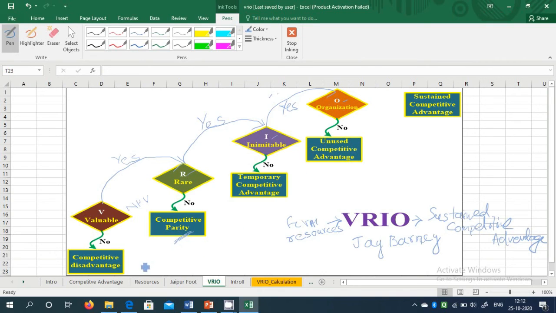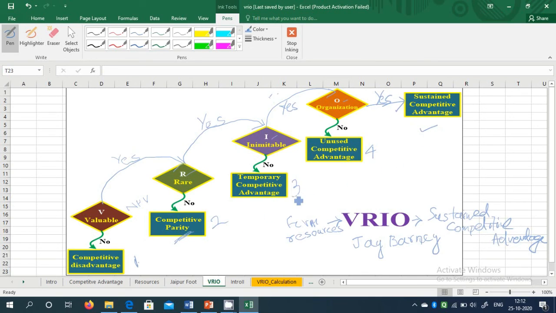This is the first phase, the second phase, the third phase, the fourth phase, and in the last phase, if the organization is capitalizing on it, they have a positive architecture, then we say the company has a sustained competitive advantage.